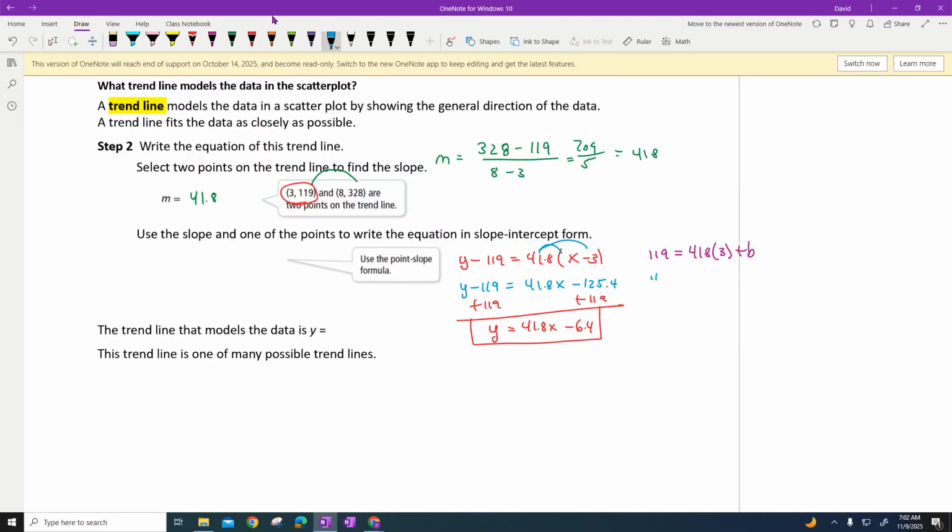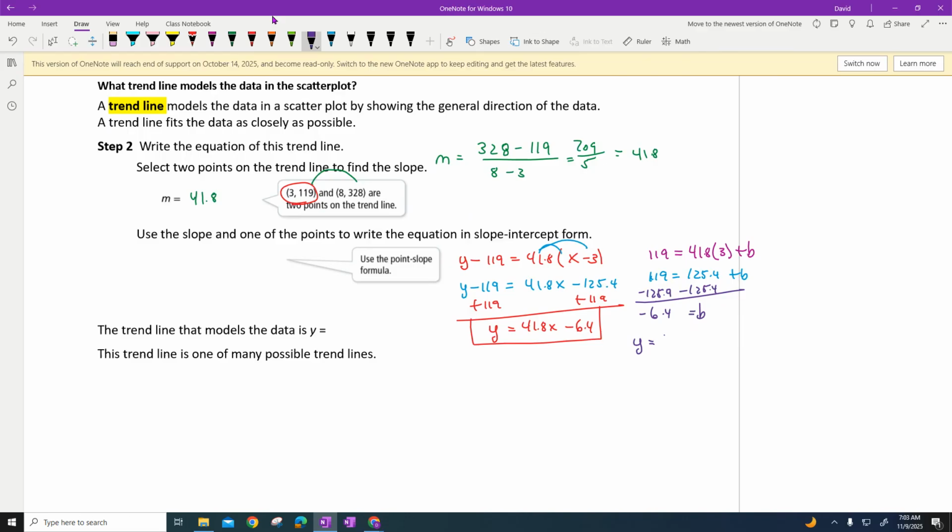I got 119 equals 125.4 plus my b. And now I'm going to subtract 125.4 from both sides. And I got my b equals negative 6.4, so now I write it in form.